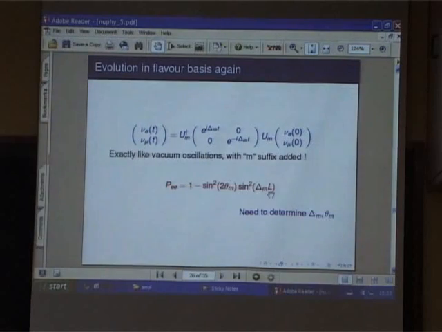What we have done is reduce this problem to exactly what we had in vacuum. All that changed was delta m, and this U is now dependent on theta m and not theta. So we need to find what delta m is and what theta m is.